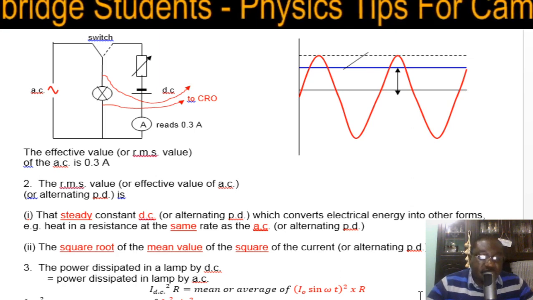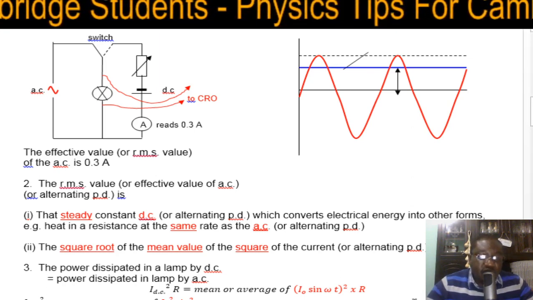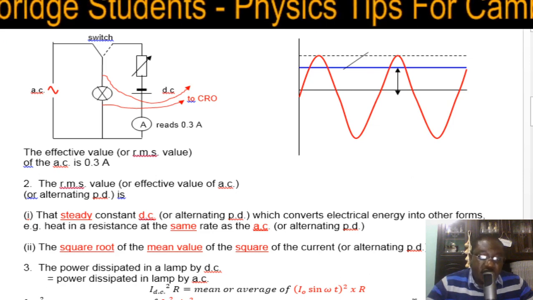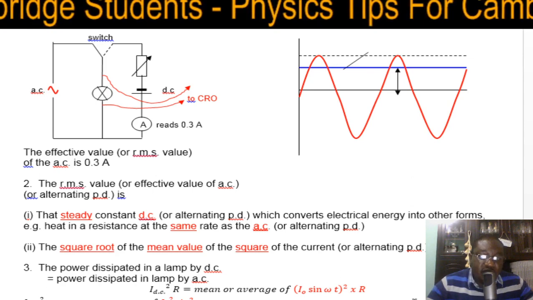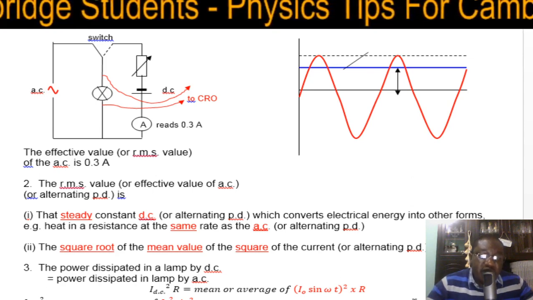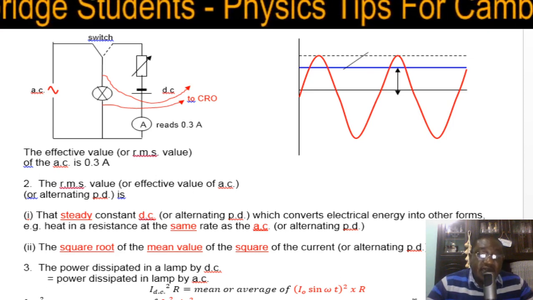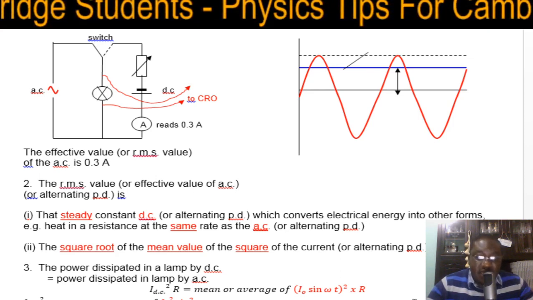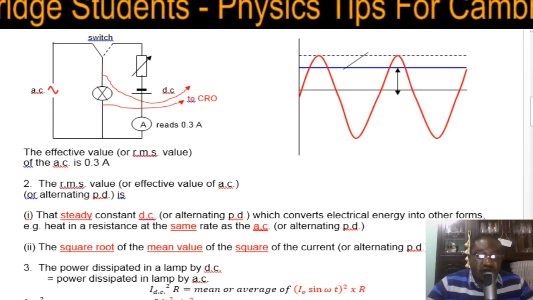The square root of the mean value of the square of the current. So we square the current first, then you add them up, find the mean, and then find the square root of that mean. So that's the root mean square value.